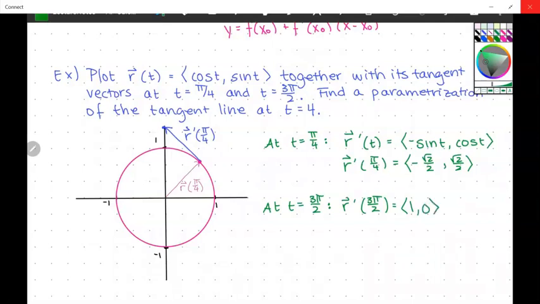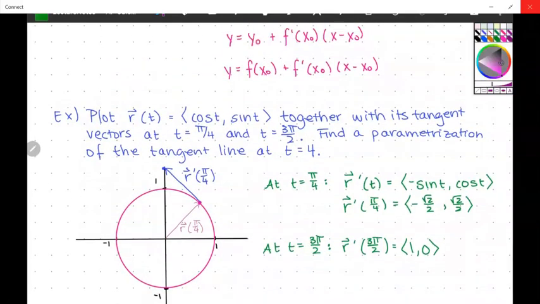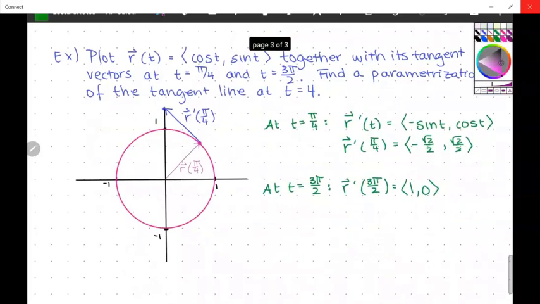With this one, first we draw r of 3 pi over 2, which is going to be at 0, negative 1, down here. So the vector itself, that's r of 3 pi over 2.